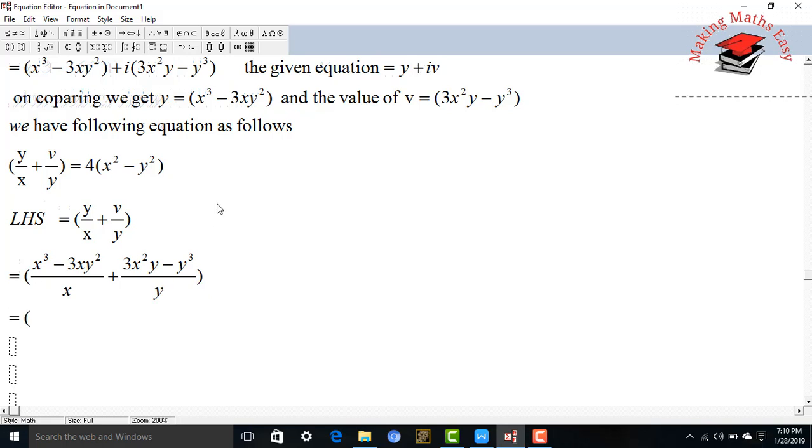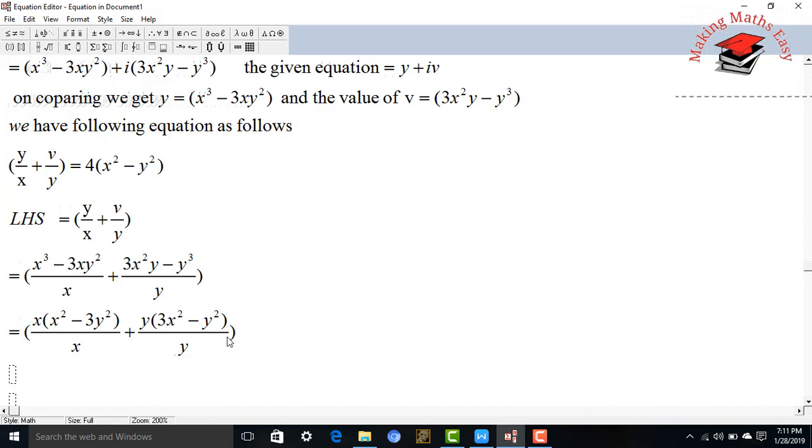Now do one thing, again use the divide operator and take x common in the numerator, and then we will get x square minus 3y square, and put a bracket and close the bracket, and then divided by x, plus again take the divide operator and then take y as a common, and then write 3x square minus y square, and divided by y, and then close the bracket and close the main bracket.